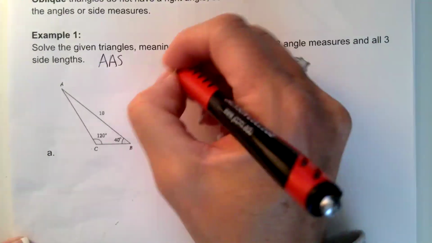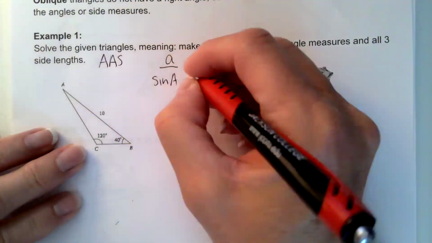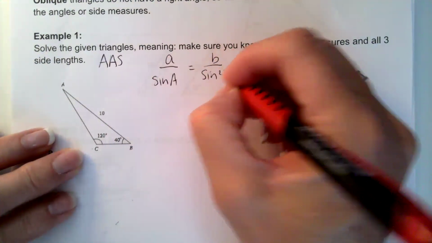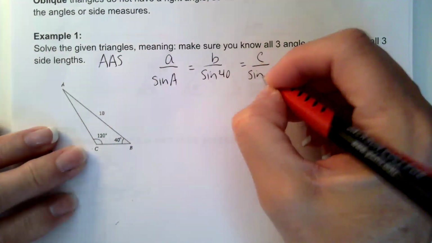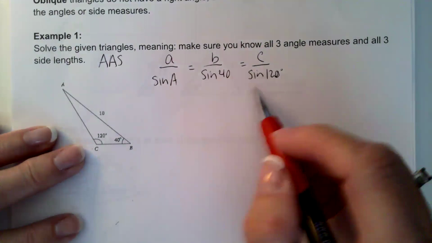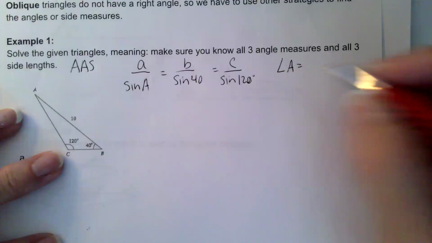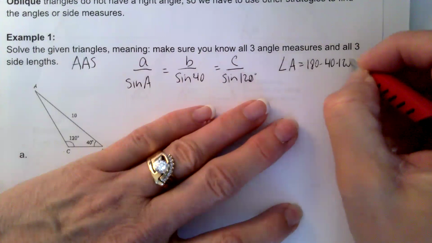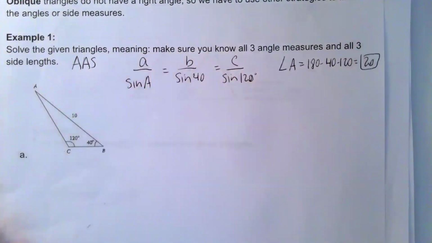So we have side A over the sine of A equals side B over the sine of B, which is 40 degrees, equals side C over the sine of 120 degrees. Now, because we know two of the angles, we can find angle A just by subtracting. So 180 subtracting 40 subtracting 120, we know that angle A is equal to 20. So that's done.